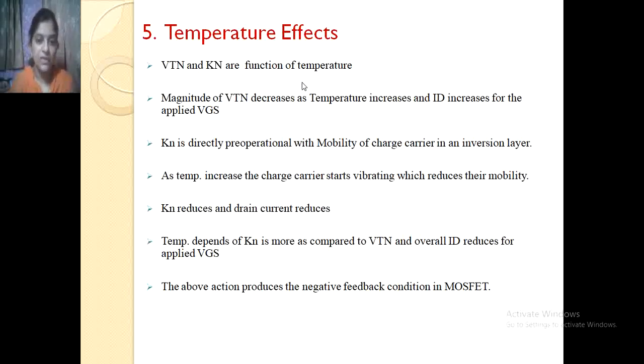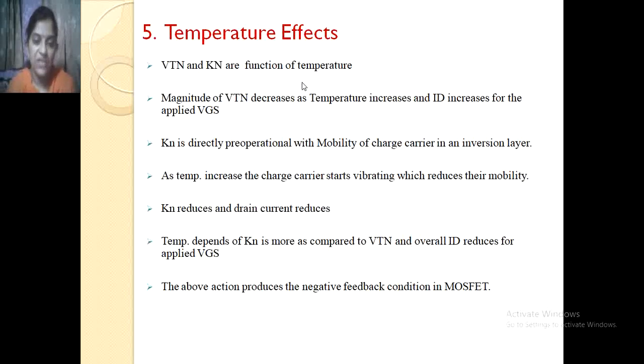Kn is directly proportional to the mobility of charge carriers in an inversion layer.